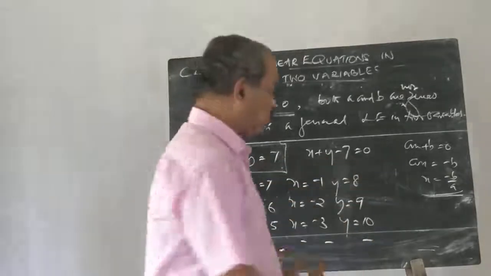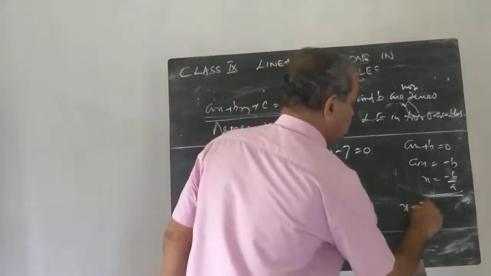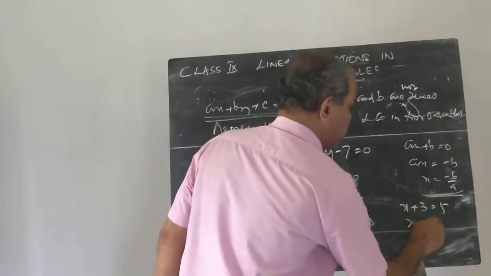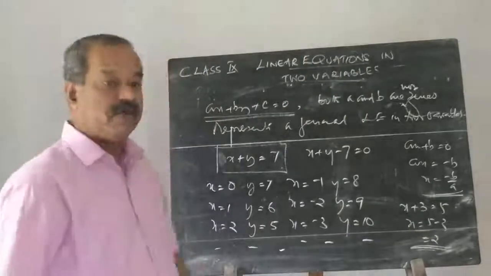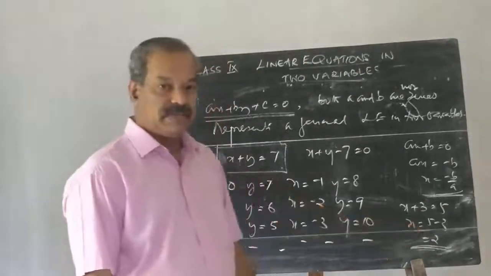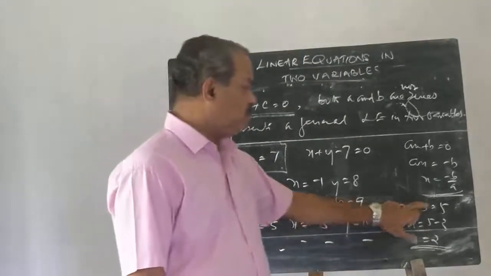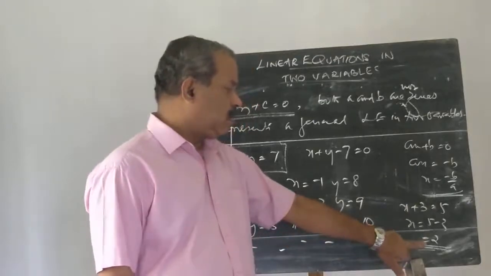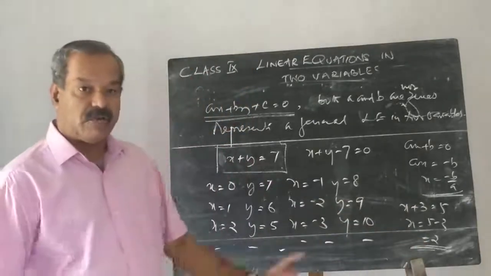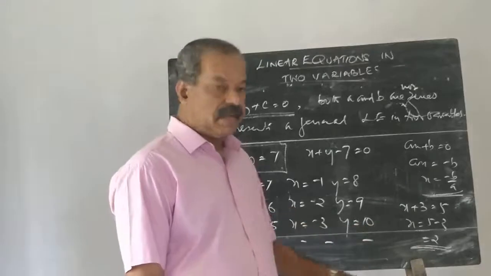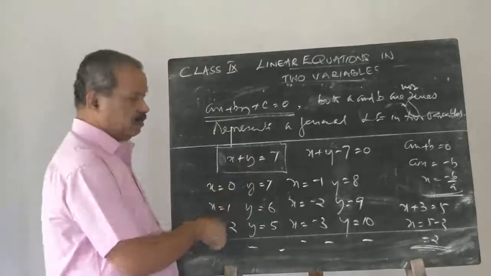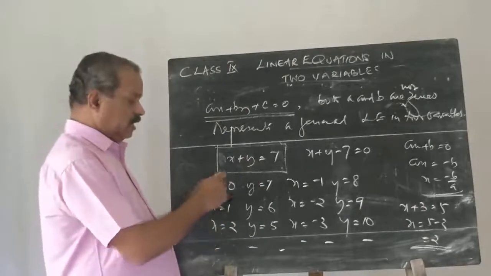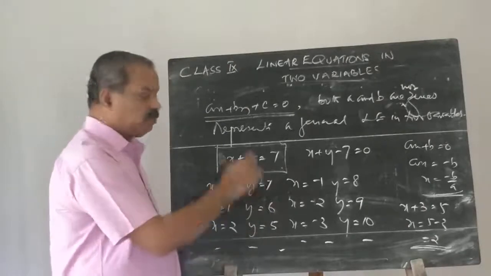Here, in the form x plus 3 equals 5, x equals 5 minus 3 equals 2. X has only one value. That means a linear equation in one variable has a unique solution, one and only one solution, the number which makes the given equation true. But here, see, x can take different values. We get corresponding values of y.